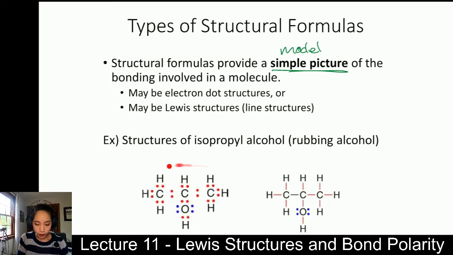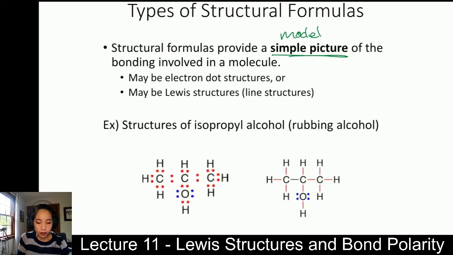So that's kind of what you see here. Or you can make a Lewis structure, or what we call line structures. So instead of making all of these dots, every two electrons makes a straight line bond. So these line structures, those lines indicate the formation of bonds, where we take atoms, put them together to form molecules. They come together by forming a bond.